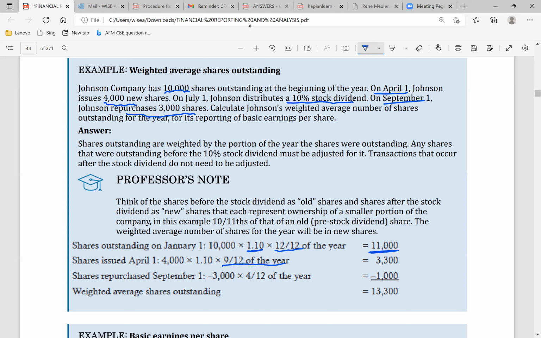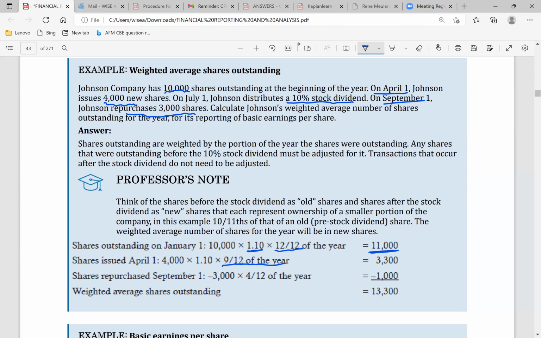That is why we have to prorate them. So that should also be prorated to give you this weighted average number of shares outstanding.